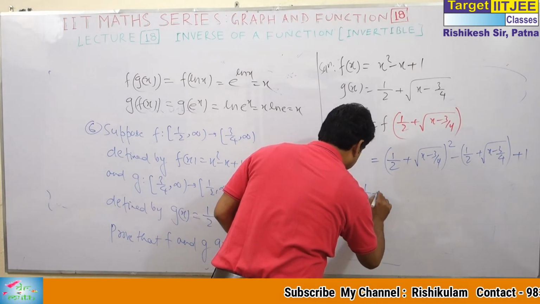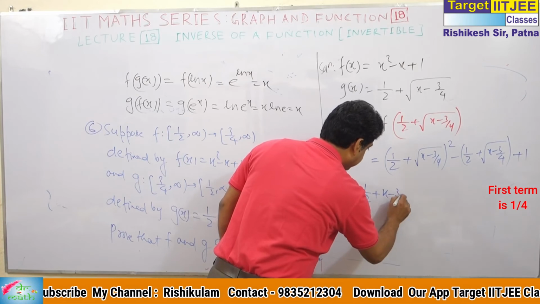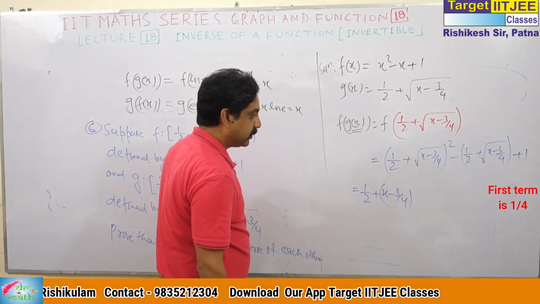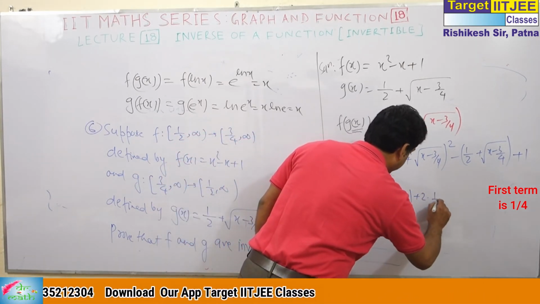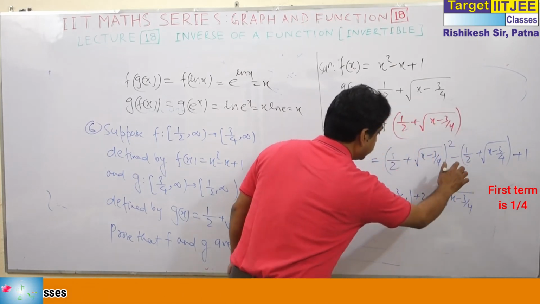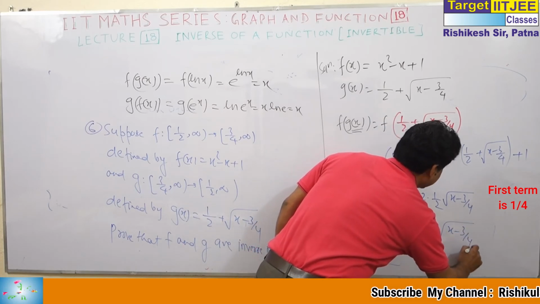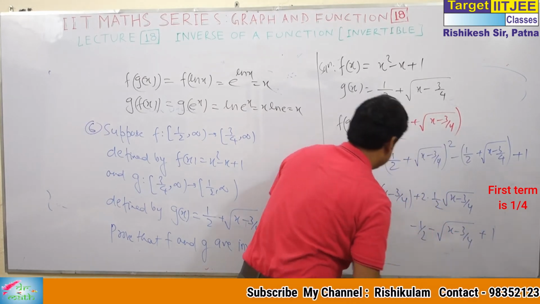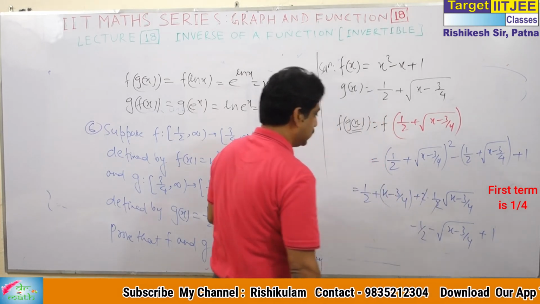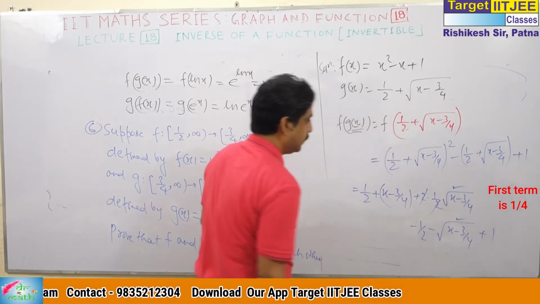This is 1 by 2, a square plus b square x minus 3 by 4 plus 2ab, means 2 into 1 by 2 into root over x minus 3 by 4. This is minus 1 by 2, this is minus root over x minus 3 by 4, plus 1. This 2 and 2 cancel each other. Now you can see these two also cancel.